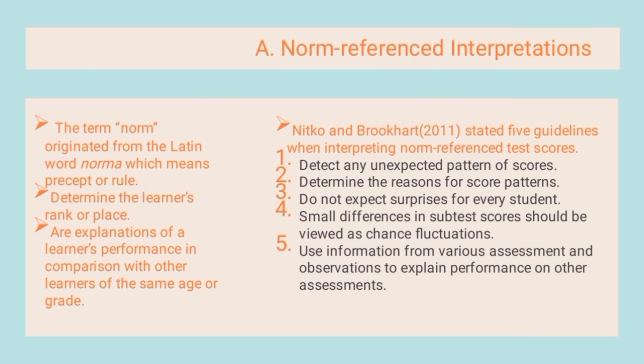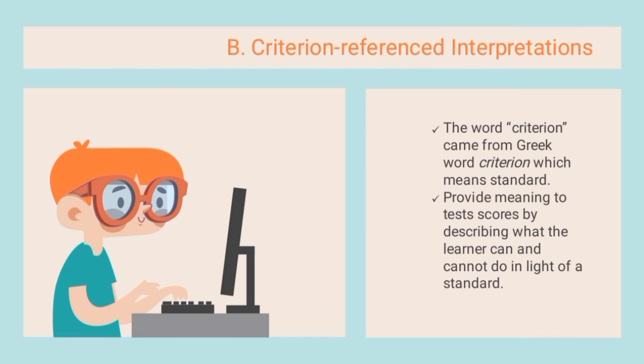And let's proceed to the letter B of types of test score interpretations. Criterion-referenced interpretation. The word criterion came from the Greek word criterion, which means standard. Standard means the level of attainment or expected result, na kung saan if you didn't meet the standard, you may fail.